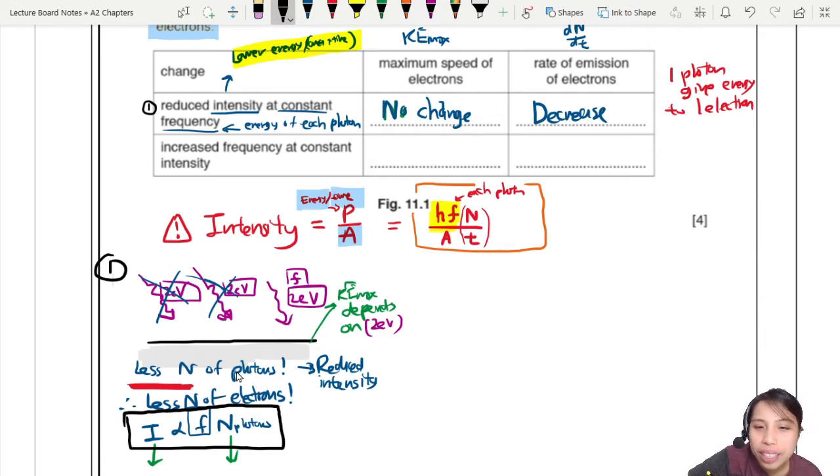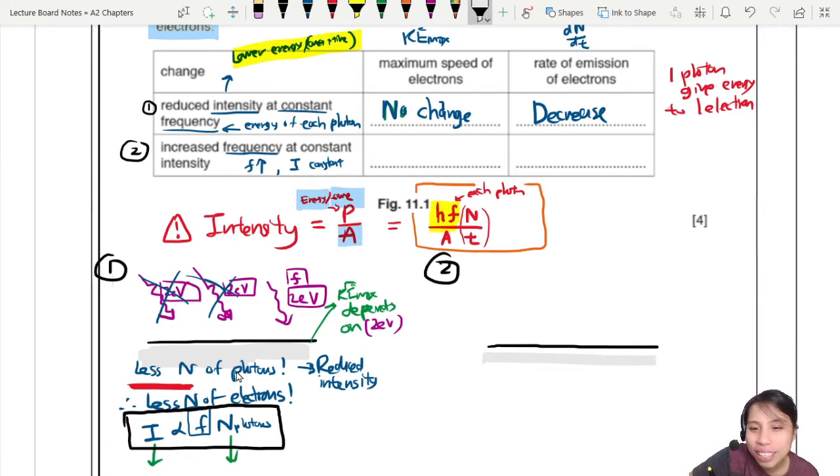Okay, then number 2. What is changing now? Frequency is increased, but intensity is constant. How to think of it? We draw our metal here with electrons inside.